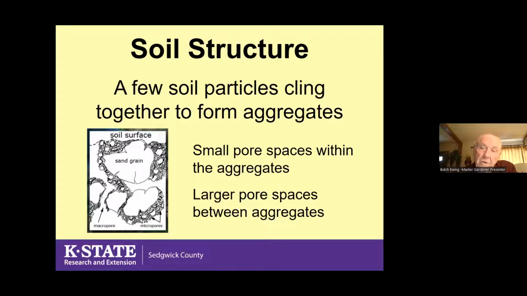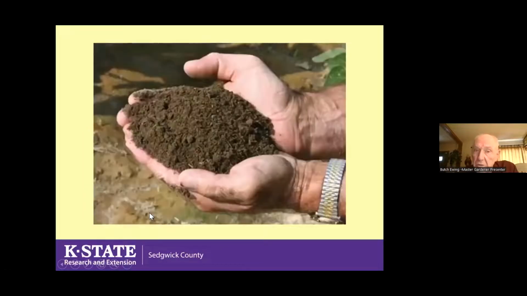Then as the aggregates start sticking together, you create large pore spaces between the aggregates. So here we have the best of both worlds. We have small pore spaces within the aggregates, and we have large pore spaces between them. It should look something like this, where it has that granular look to it.